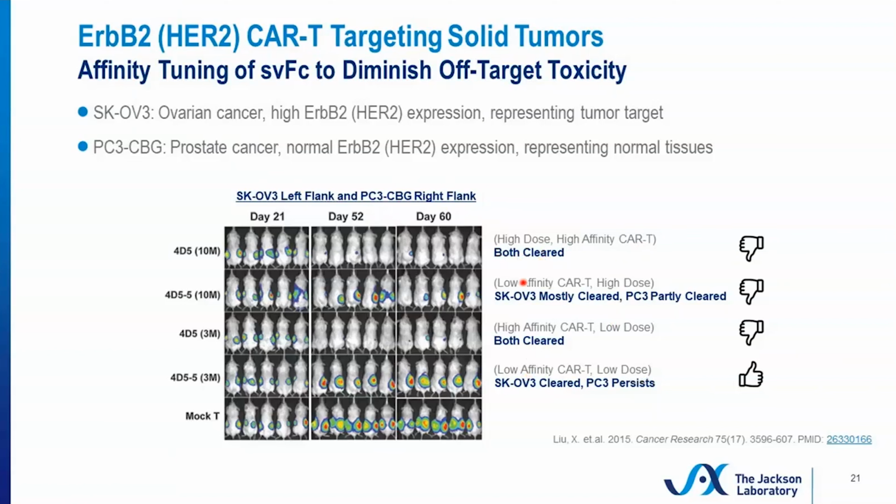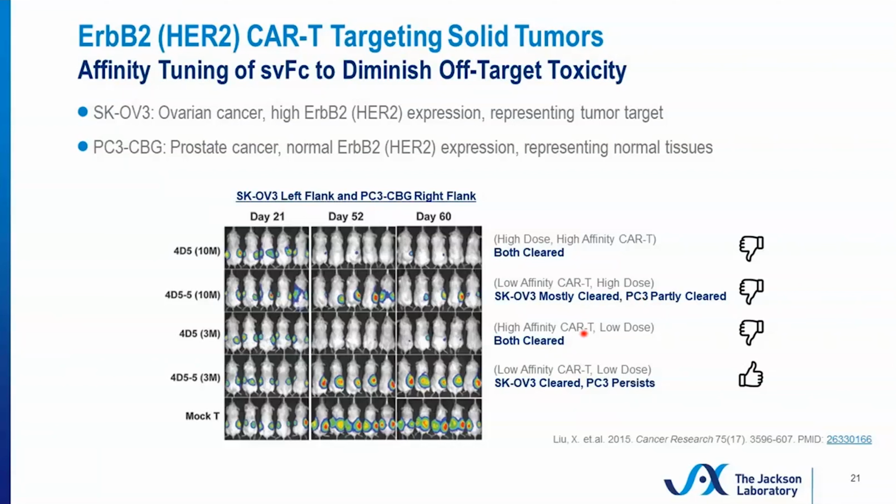The high affinity, high dose mostly cleared the SKOV high expressor, and partly cleared the PC3. And so that was considered negative because what that would mean is that it's off tumor on target toxicity responses. So in other words, normal tissues also expressing HER2. So that would be a toxic event.